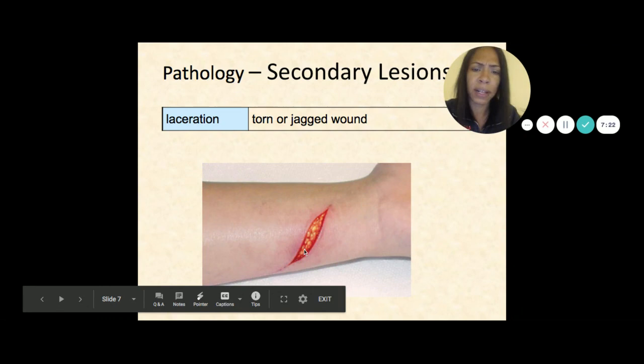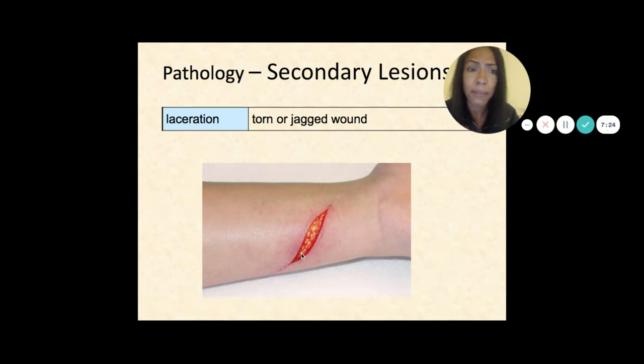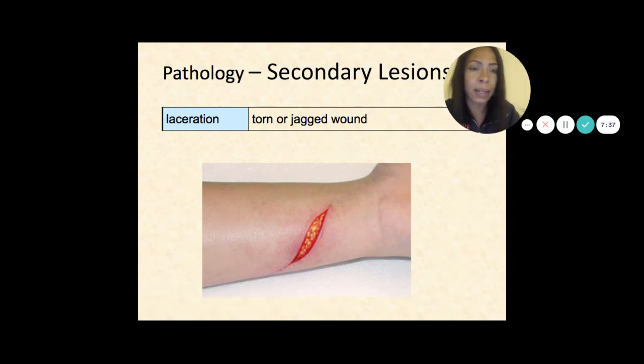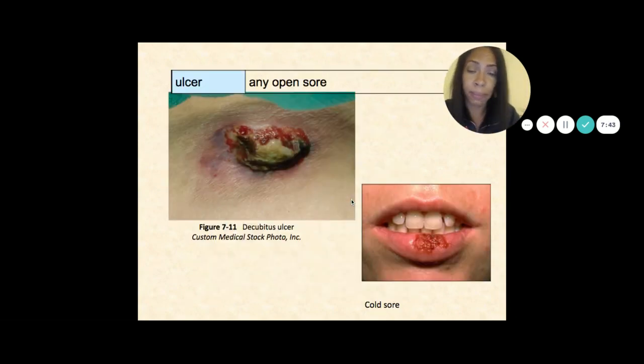And this doesn't look very jagged, but everything on a microscopic scale is going to look like a jagged wound, unless we're looking at something that is surgically cut, with those blades being so sharp and fine that they make a very clean incision, as opposed to a cut, which is a laceration.